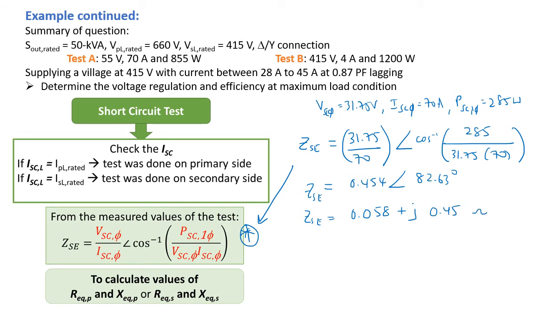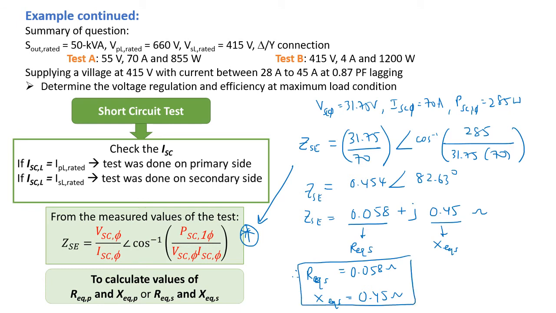And as we've learned before, the real part will equal REQS and the imaginary part will equal XEQS because the test was done on the secondary side. So therefore, REQS is 0.058 ohms and XEQS is 0.45 ohms.